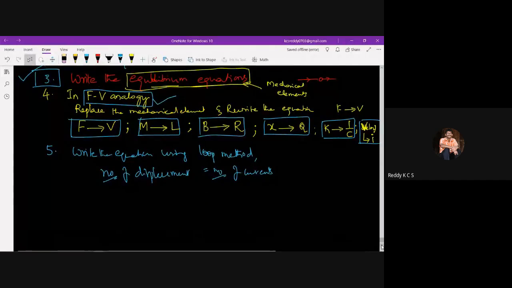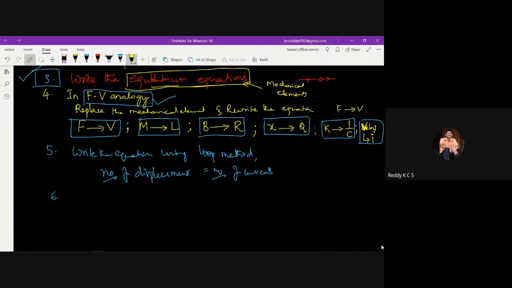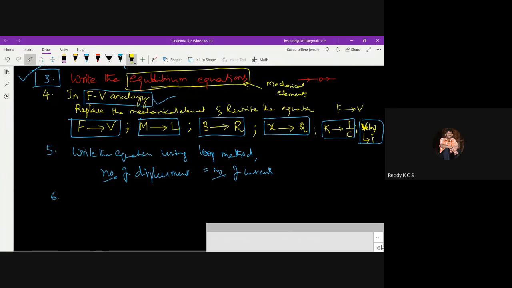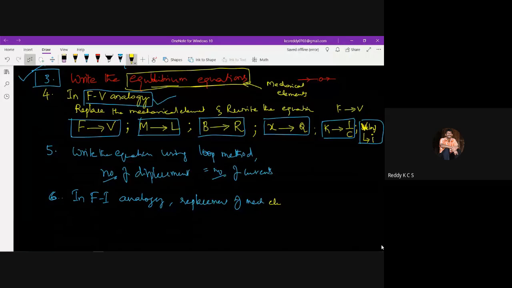Next, the fifth step in the FI analogy: we need to replace the mechanical elements with the electrical elements.